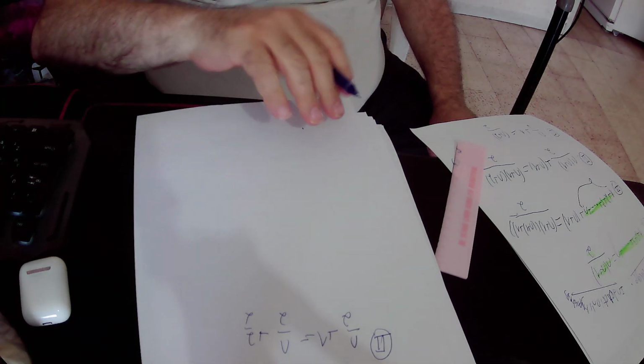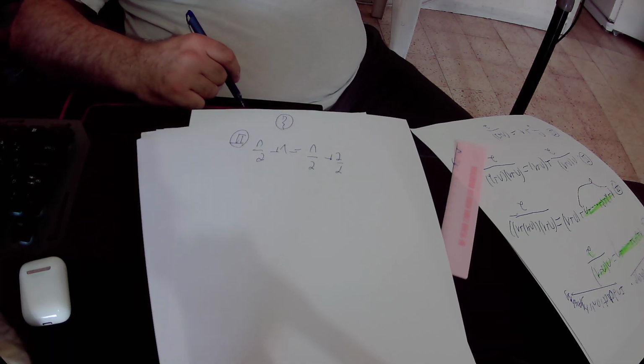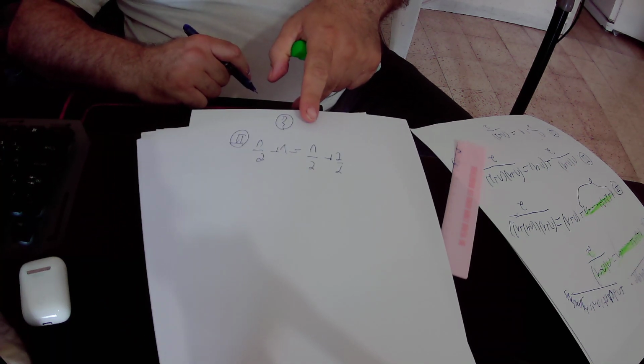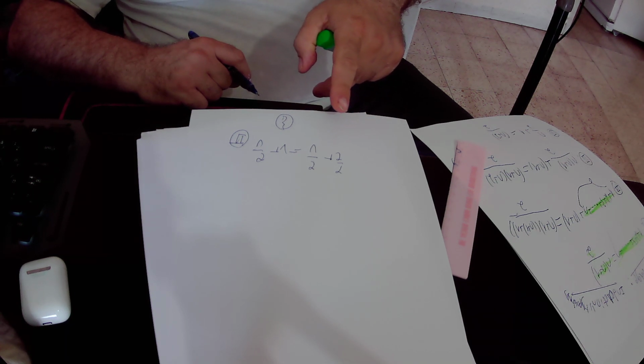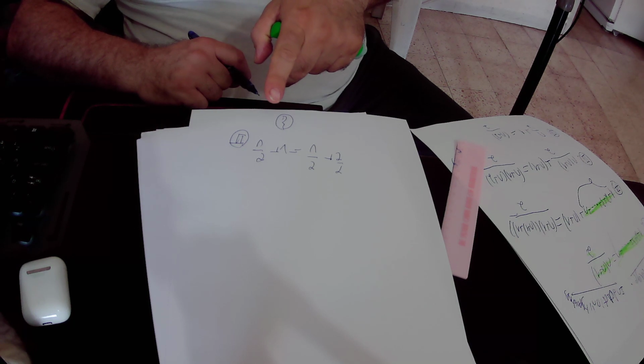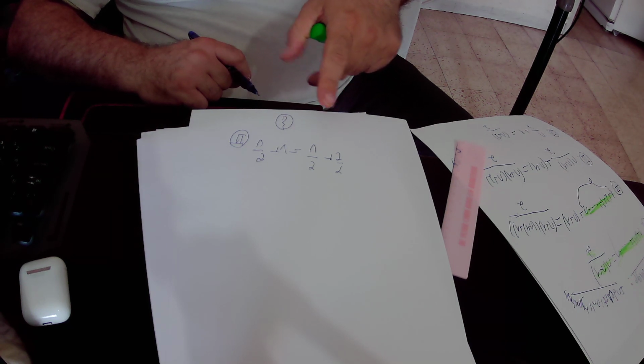So after we separated it into 2 parts, we got that n plus 2 divided by 2 is n divided by 2 plus 2 divided by 2 equals n divided by 2 plus 1, and we know that 2 divided by 2 is 1, so we will write it down.